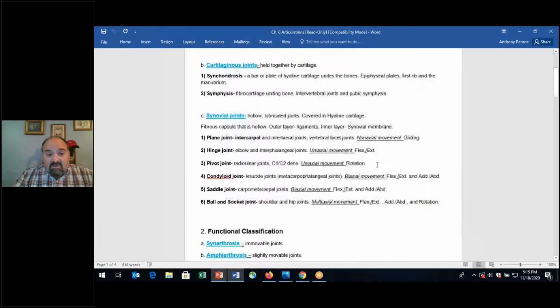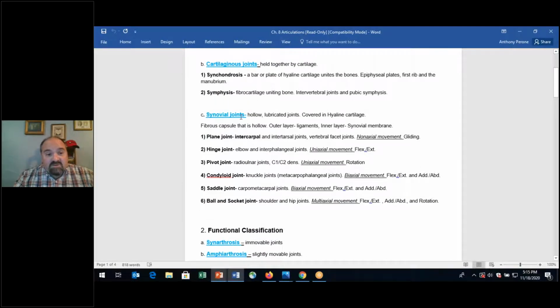And then lastly, we look at the synovial joints. These are hollow, lubricated joints. The lubrication is synovial fluid produced by the synovial membrane, the inner lining of the synovial joint. These joints include the plane joint, the hinge, pivot, condyloid, saddle, and ball and socket joints. You should review these and see examples.